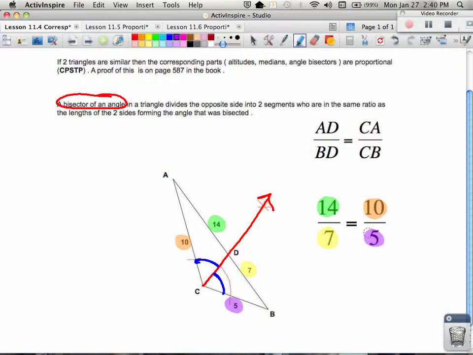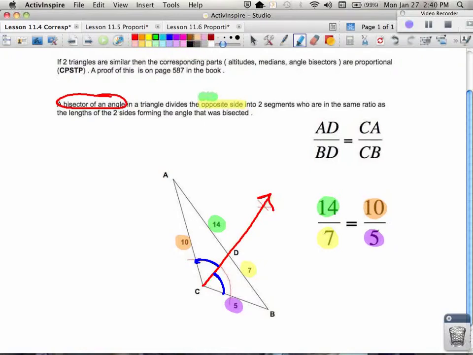So this statement says the bisector of an angle divides the opposite side into two segments that are in the same ratio as the lengths of the sides forming that angle. I think this wording is kind of confusing, so the two segments are the 14 and the 7 in yellow and green.